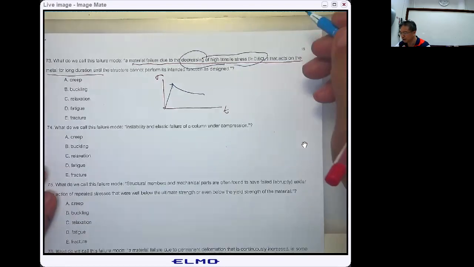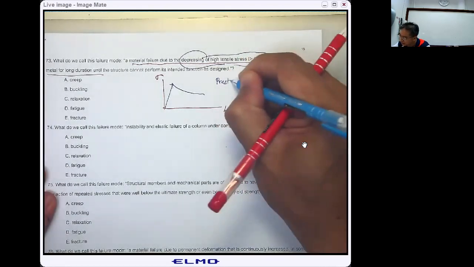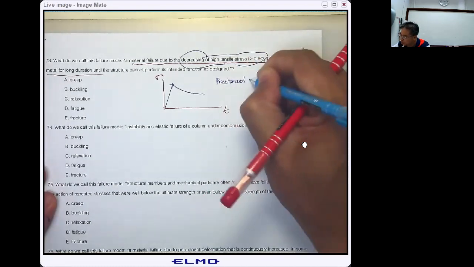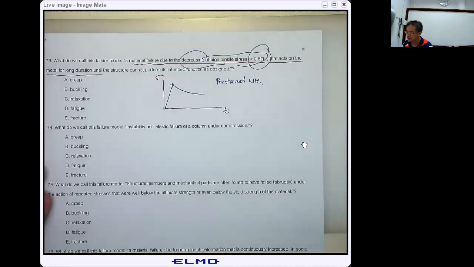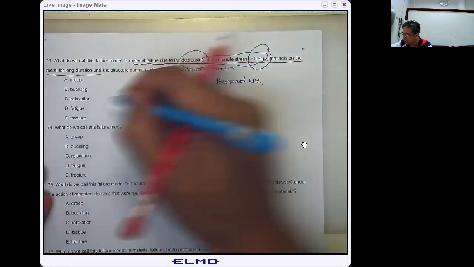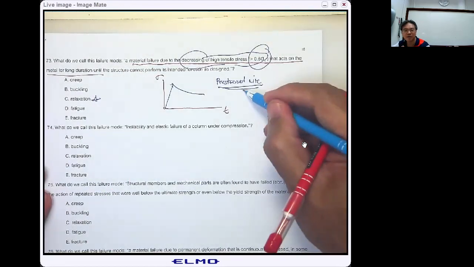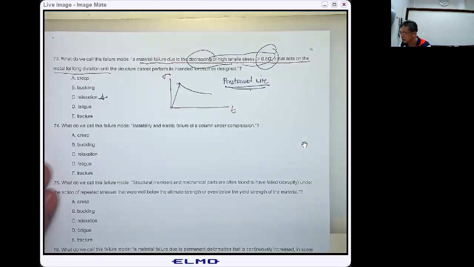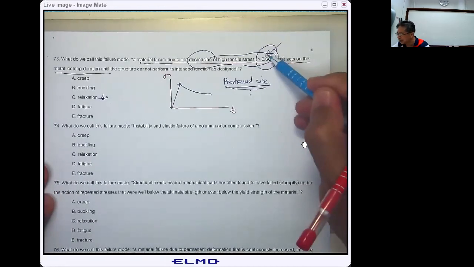This occurs in what? This occurs in the pre-stressed wire. Most of the time we put it in high stress. And then this is called what? This is called the relaxation.